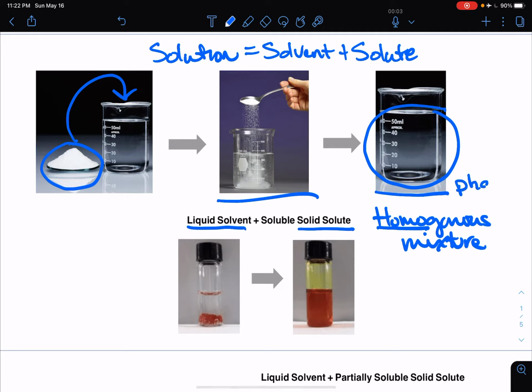So I'm giving you all of the vocabulary words that we use when we're talking about solution chemistry. So we have just one single phase there with a constant composition. What we also don't see is something called an interface, and I'll talk a little bit more about that when I get to insoluble substances.